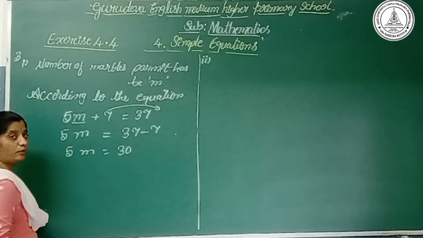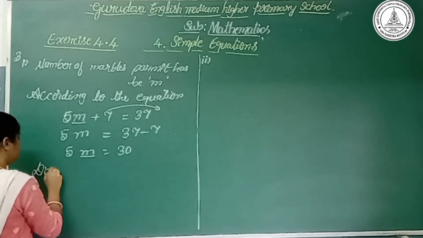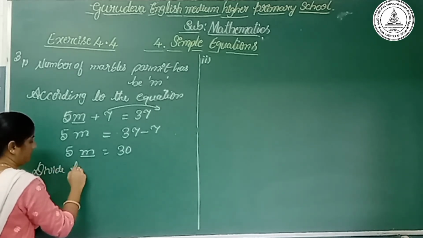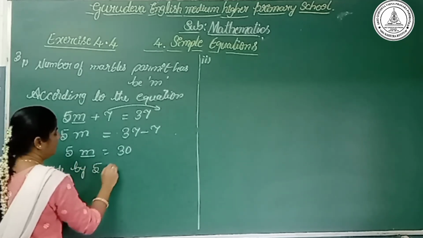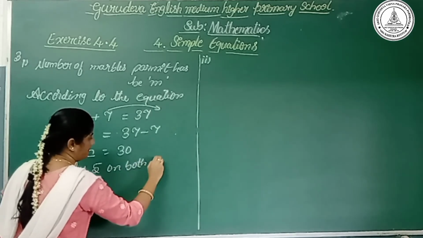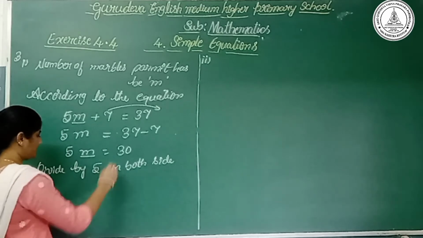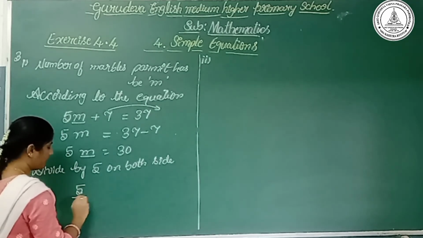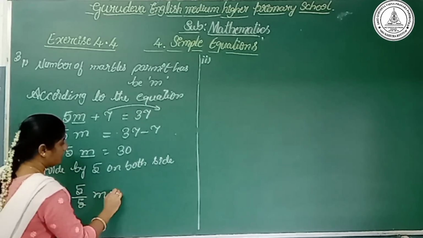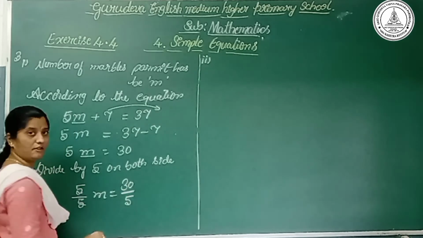Then here I want to separate the variable m. So I will divide by 5 on both sides. Then we will get 5 divided by 5 into m, which is equal to 30 divided by 5.